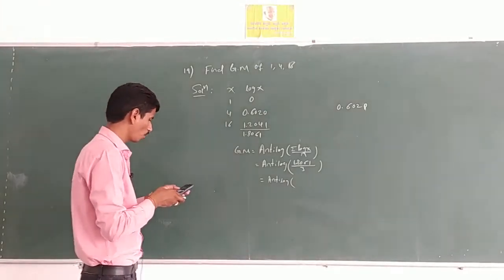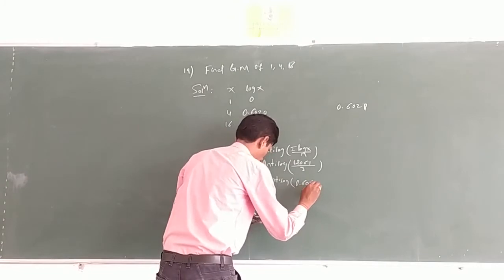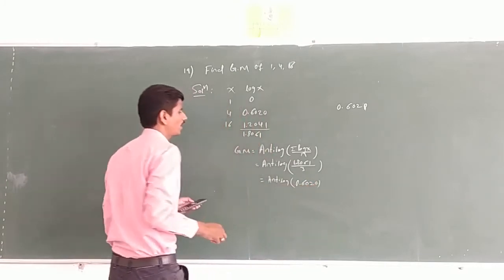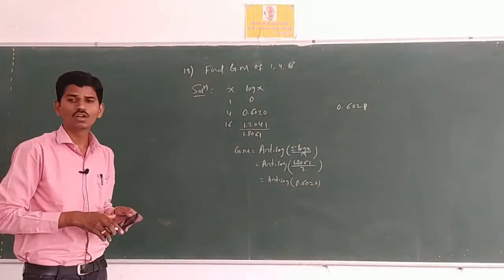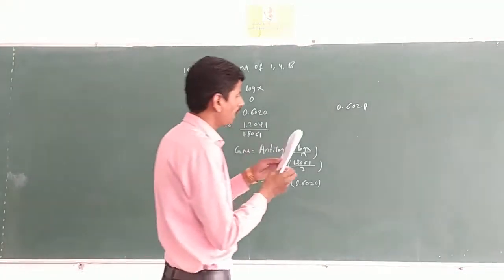Then we will get 0.6020. Here you have to find the antilog of 0.6020, so you have to use the anti-logarithm table.